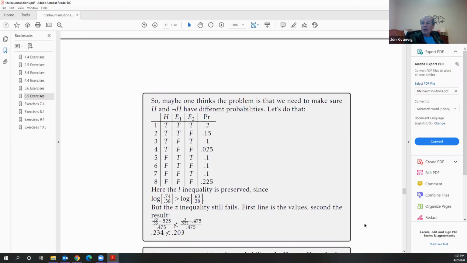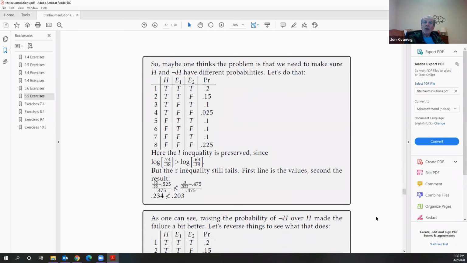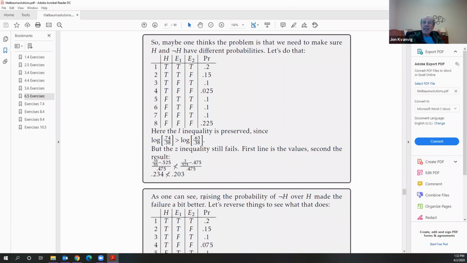Now you can go through and inspect for yourselves by pausing the video to make sure that the numbers are as the table generates. If you see an error, let me know, but I think they're right. So, all right, so we've tried twice, and you can see raising the probability of not H over H made the failure a bit better.